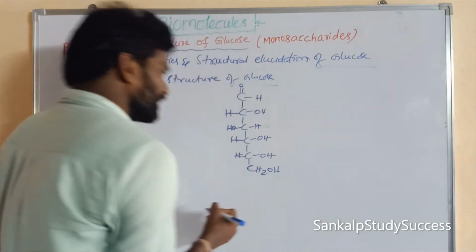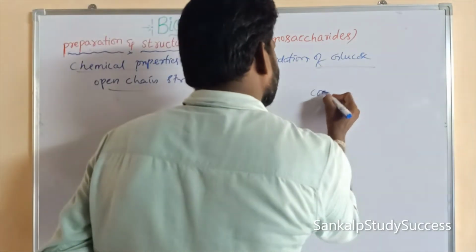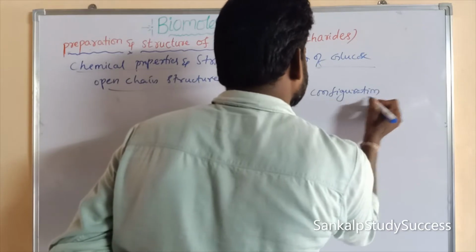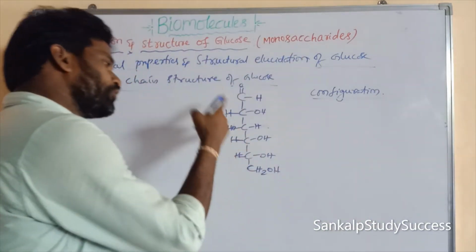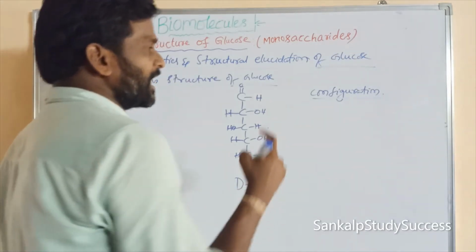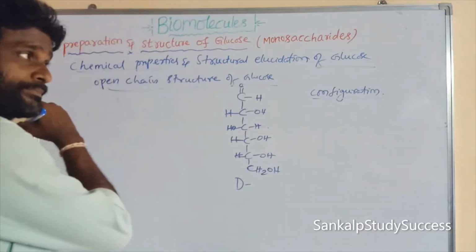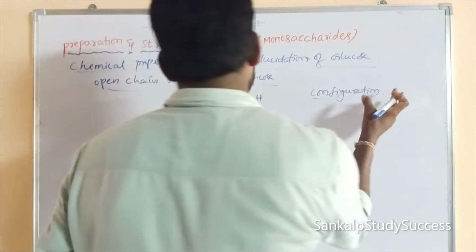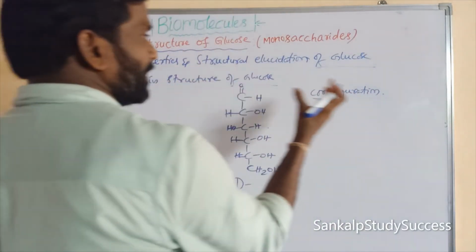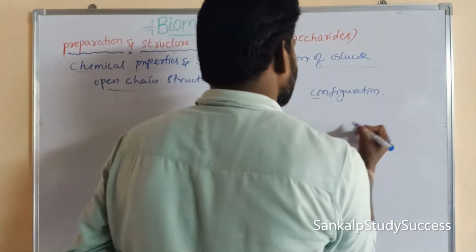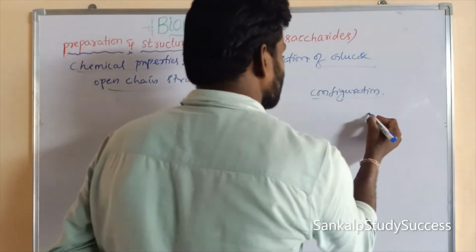Now the absolute configuration of glucose: glucose belongs to the D series. The configuration of glucose is measured with a standard structure, like glyceraldehyde.